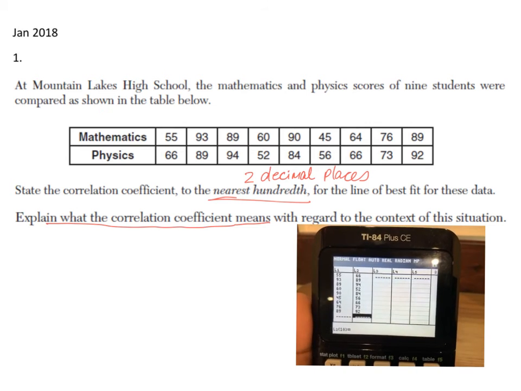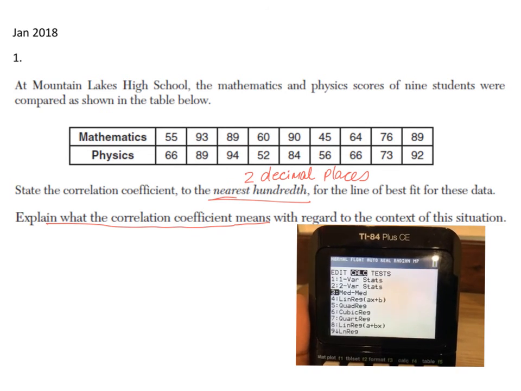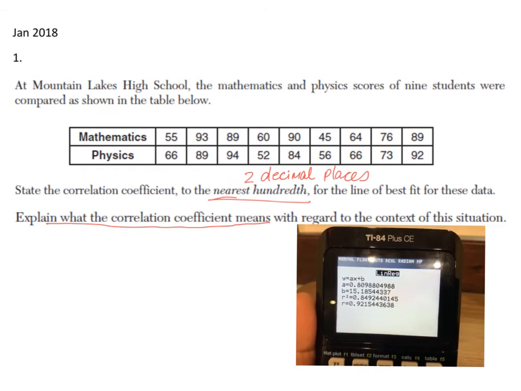So you've got all these values, right? And then you've got linear regression, and then you've got calculate. So now you've got all these values.